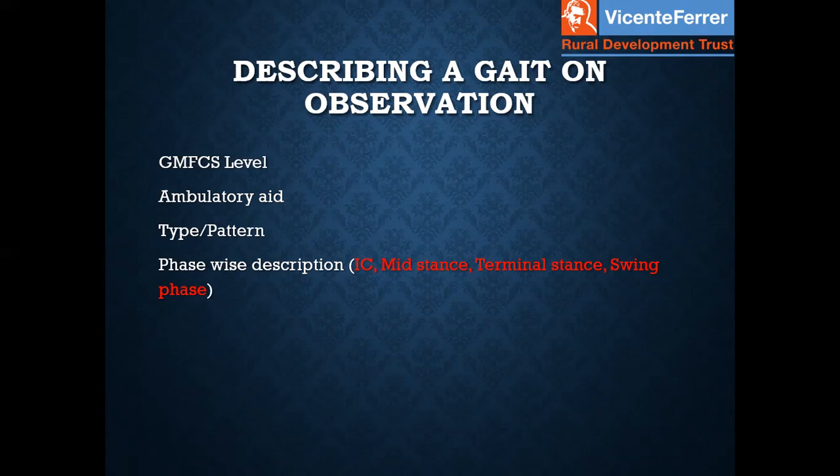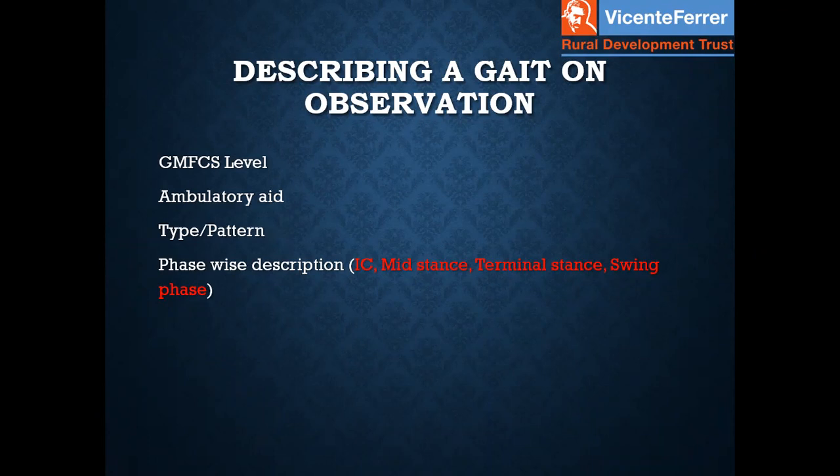So that's how this Gross Motor Functional Classification System is done, and for every child we should be classifying them, and we should be mentioning this GMFCS scale in the examination. And if he is depending on any ambulatory aid, we should describe what ambulatory aid, and we should describe the type or pattern. If it is a hemiplegia, if it is a diplegia, what is the type of hemiplegia, what is the type of spastic diplegia, we should describe.